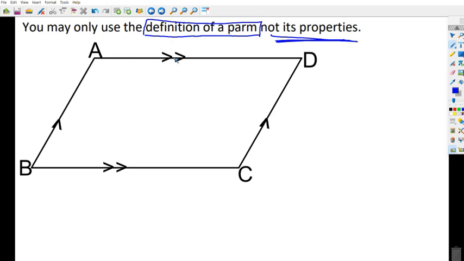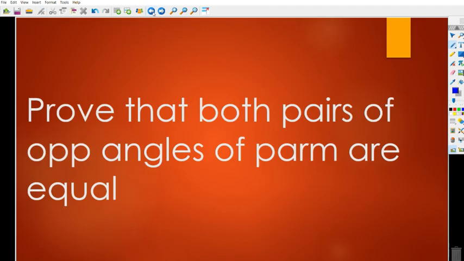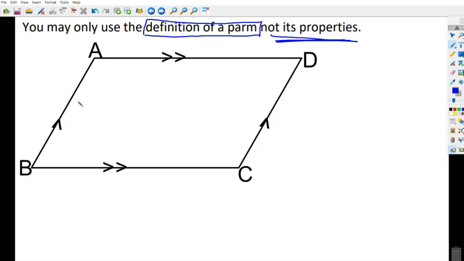So how are we going to do this? How are we going to prove that both pairs of opposite angles of a parallelogram are equal? Let me show you. Here's my proof. We are going to let angle B equal x.